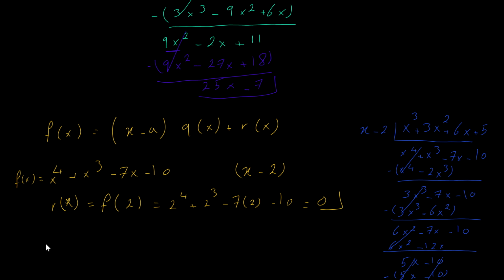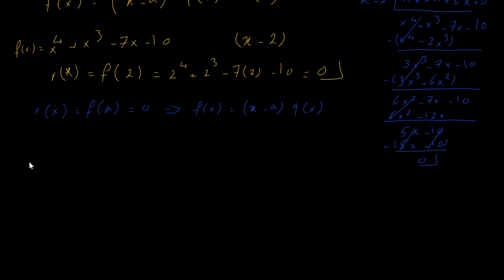So that means if R of x is equal to f of a is equal to 0, then f of x is equal to x minus a times q of x. Because we already know that if that's the root and that's the factor, the remainder is going to be equal to 0.